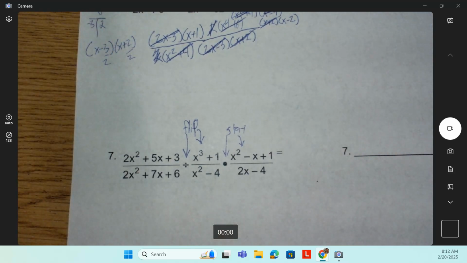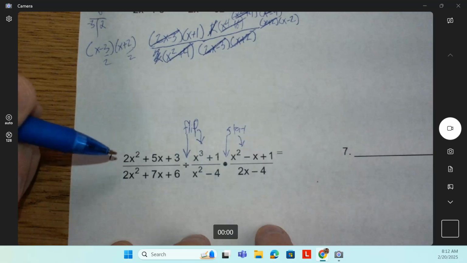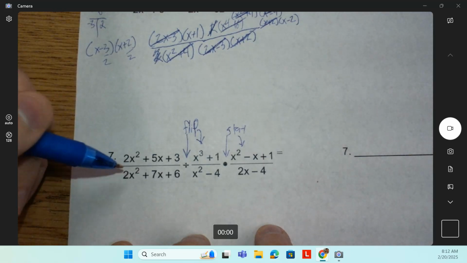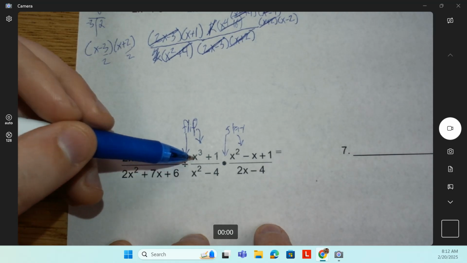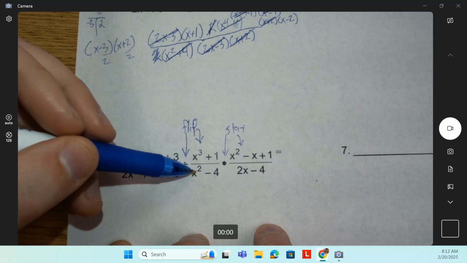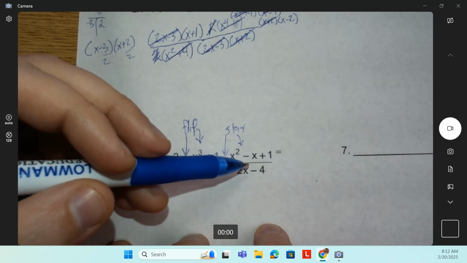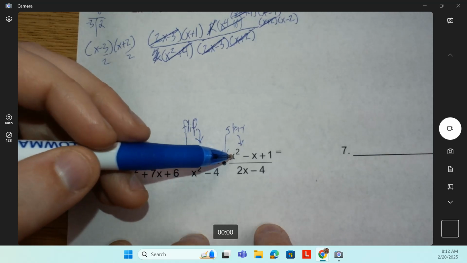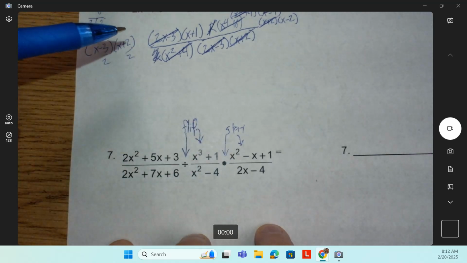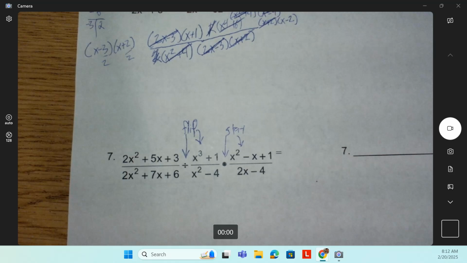Because all of these, it looks like I have 2 that I'm factoring regularly, a sum of cubes, a difference of squares. I'm going to pull a 2 out of there. I'm going to factor this one just normally using a process, and then we'll see about canceling.